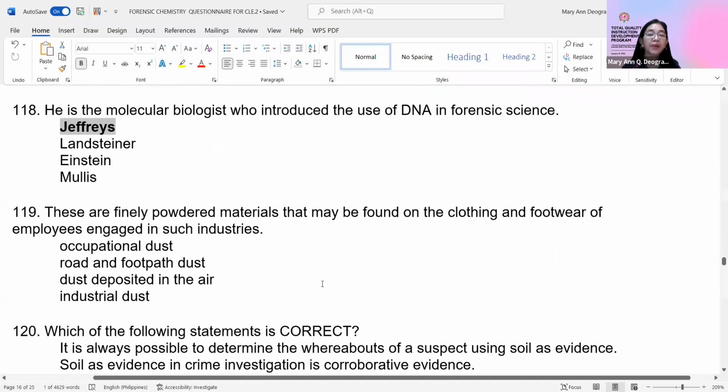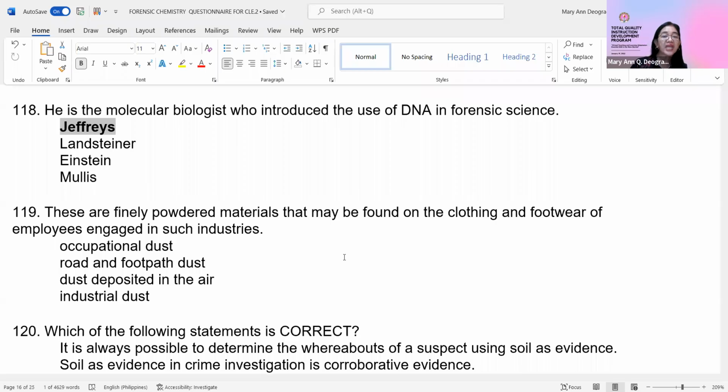These are finely powdered materials that may be found on the clothing and footwear of employees engaged in such industries. Is it occupational, road and footpath, dust deposited in the air, or industrial dust?